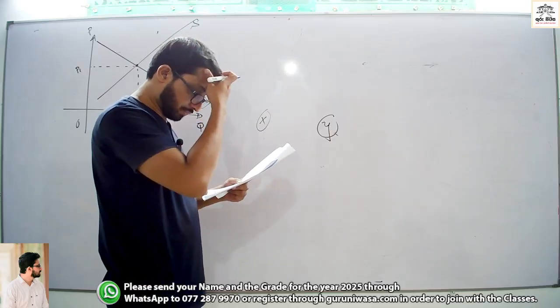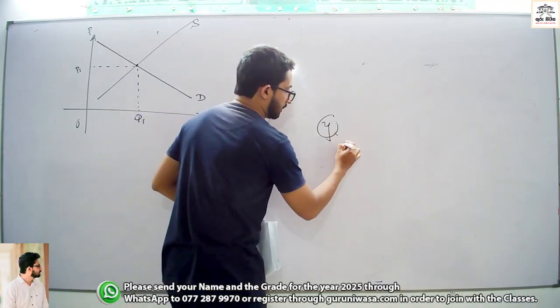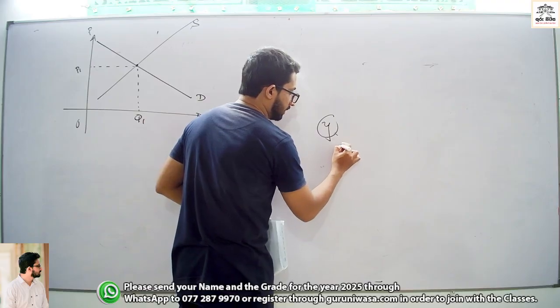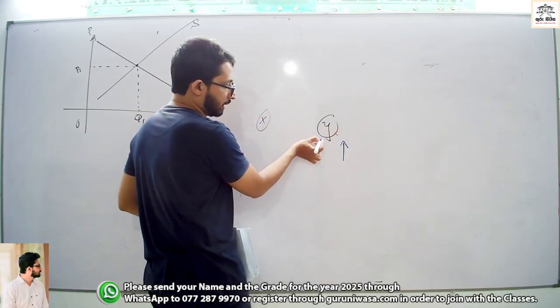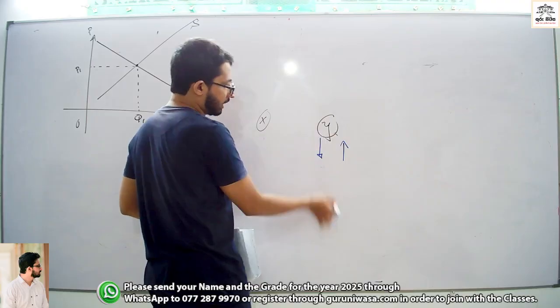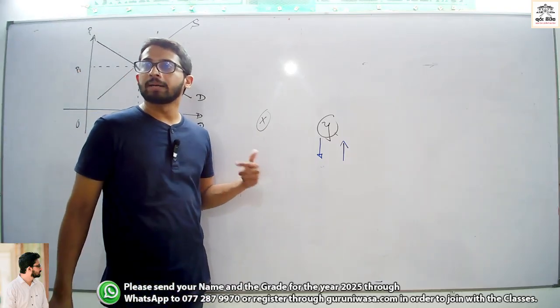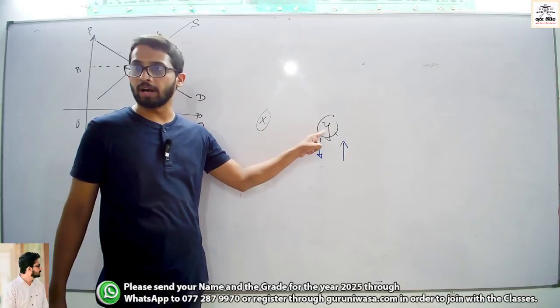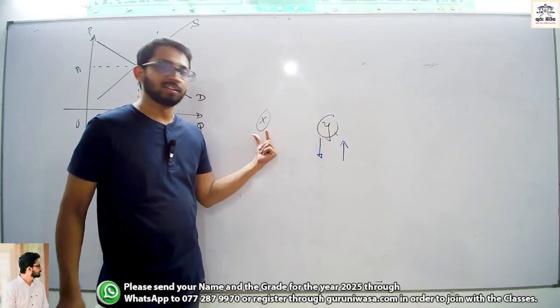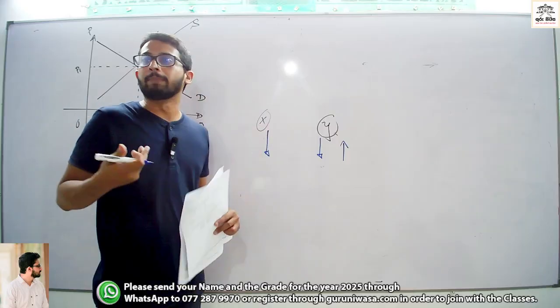Complement, the price of good Y increases. If price of good Y increases, Lamai, quantity demanded of good Y decreases. Then people are demanding less of good Y, then demand for X also falls because X and Y are complements.